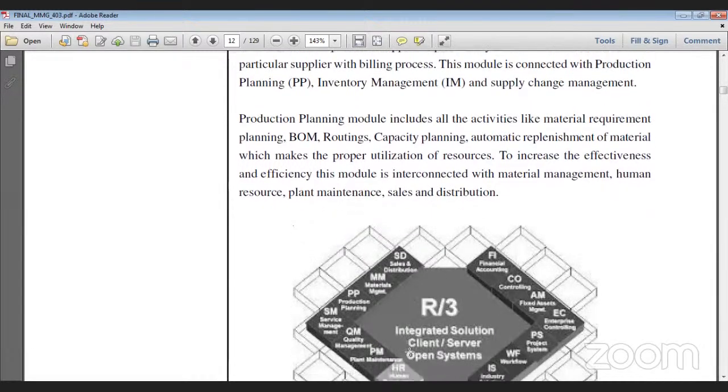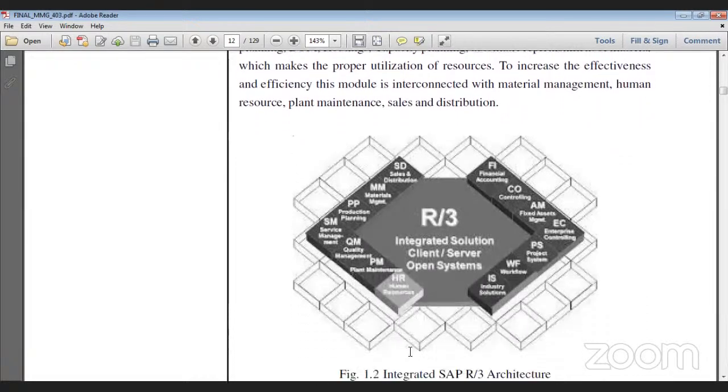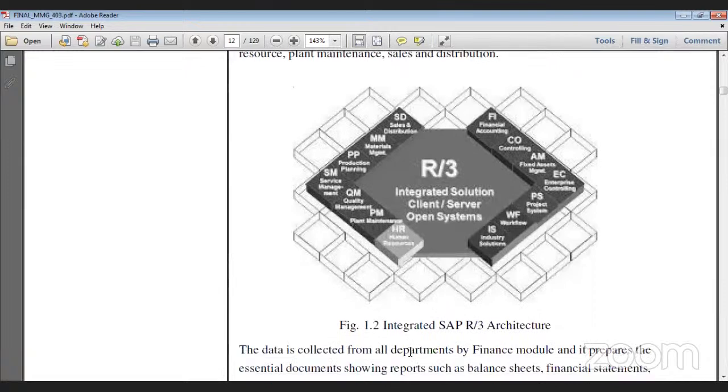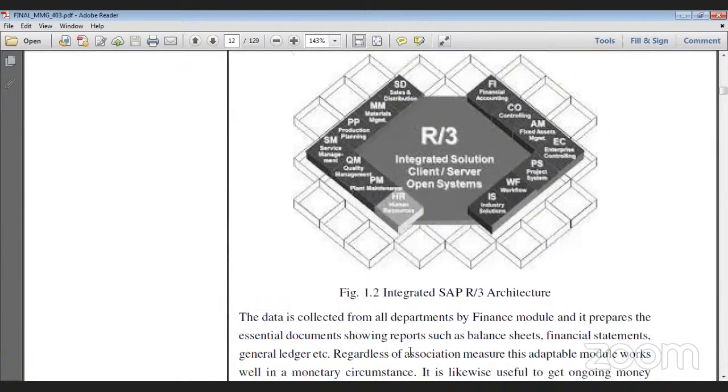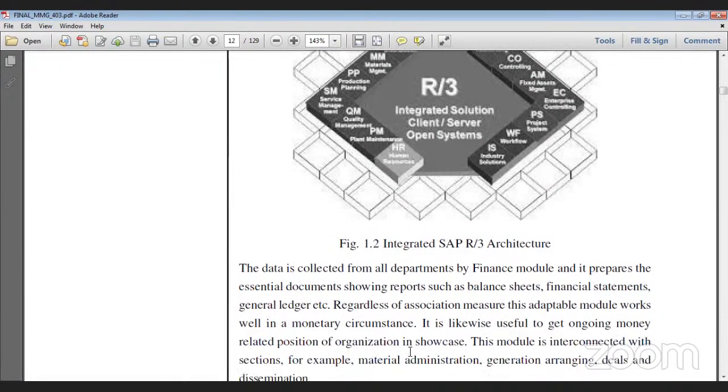The data collected from all departments by the finance module prepares the essential documents showing reports such as the balance sheet, financial statement, and the general ledger. Regardless of organization size, this adaptable module works well in monetary circumstances.